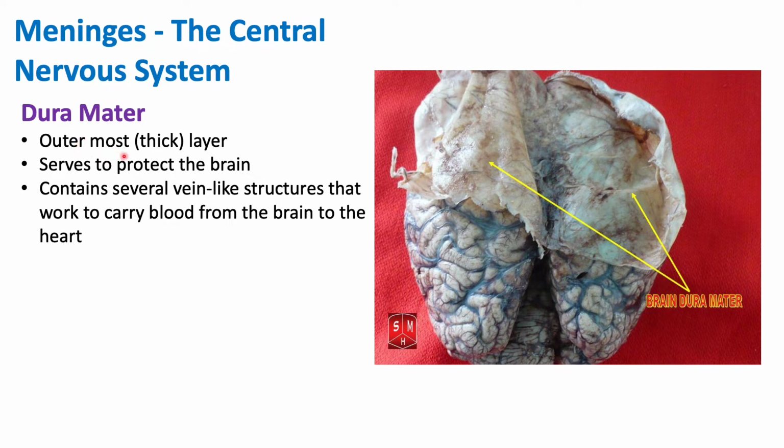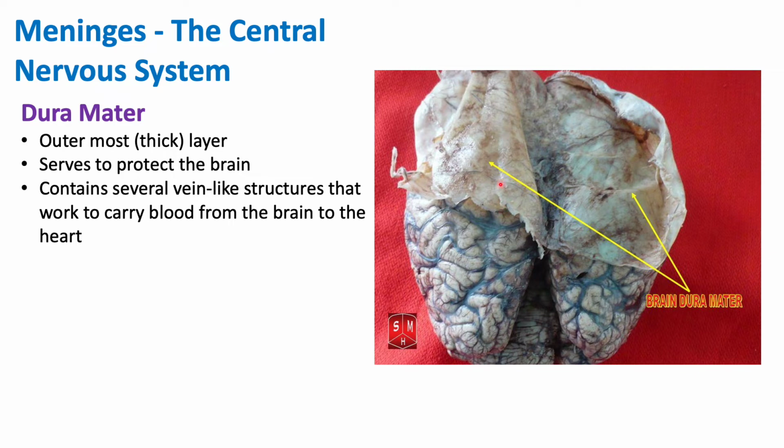So when we think of durable, we want to think of the thickest layer. The dura mater is our thickest layer, and it's the outermost layer of our meninges. The purpose of the dura mater is essentially to protect our brain. That can be intuitive because if we're thinking about a thick covering that covers our brain, it must serve to protect our brain.